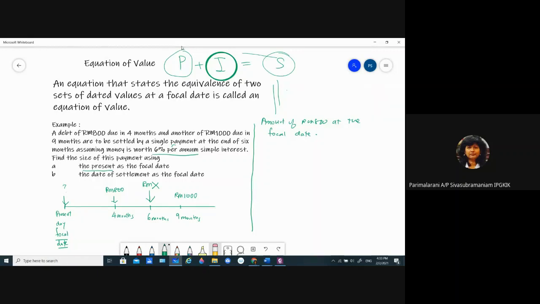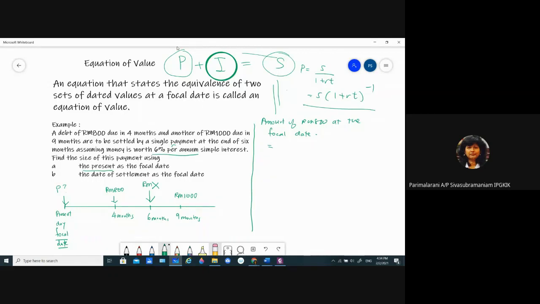So P is before S, correct? Principal is always in front. So you're finding the principal. What is the formula we're going to use? P is equal to S over 1 plus RT, which is equal to S into 1 plus RT to the power of minus 1. We're going to use this formula.